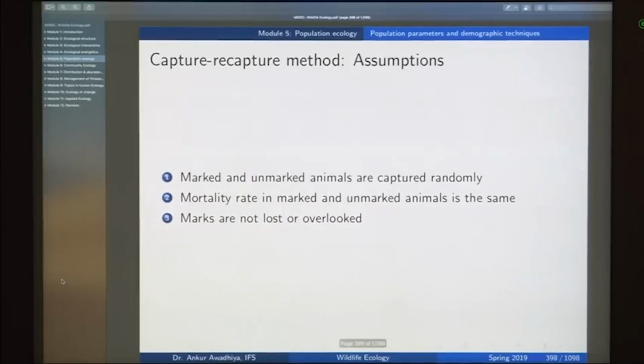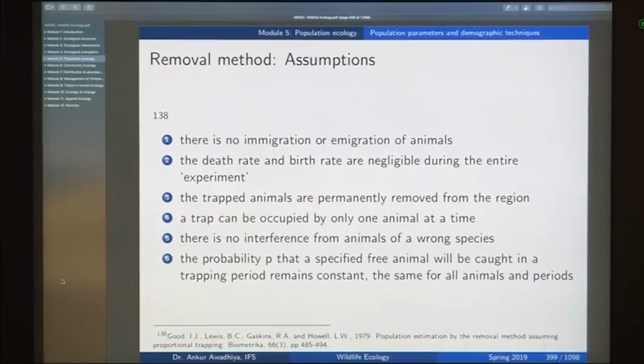Of course, this includes a number of assumptions, and even the removal method. So, the removal method is not very applicable in the case of India, but then we also should know how this method works.